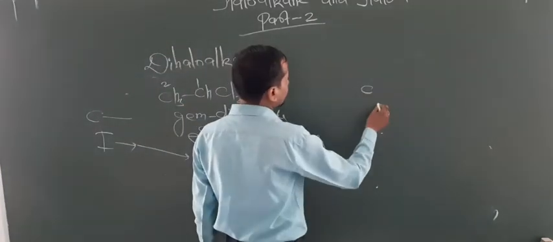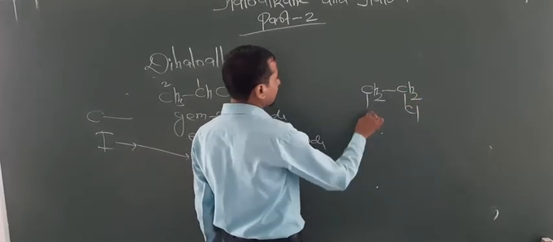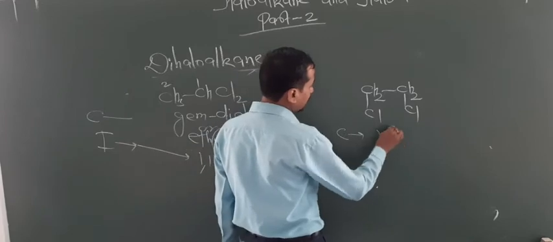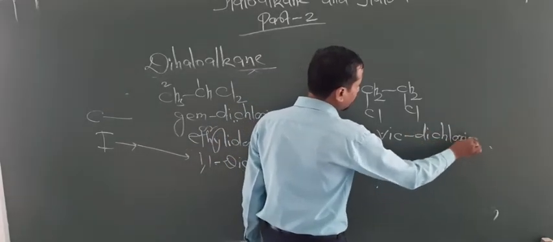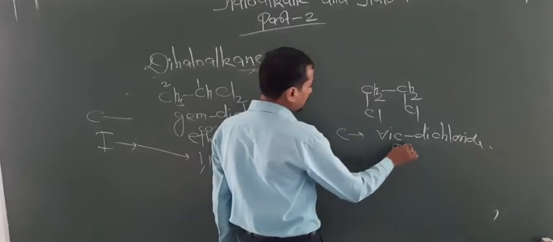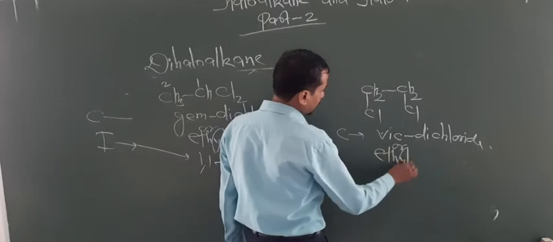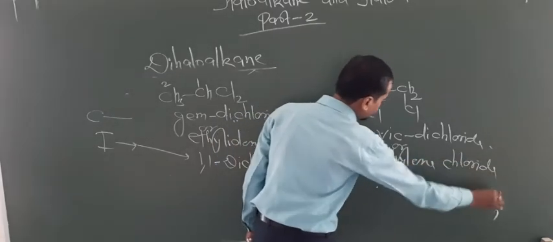Now for vicinal, CH2Cl-CH2Cl, which contains a single bond. The common name for this is vic dichloride, also known as ethylene chloride, not dichloride.